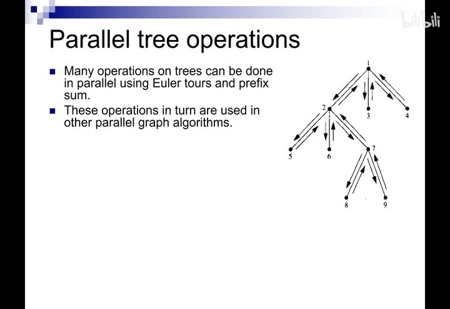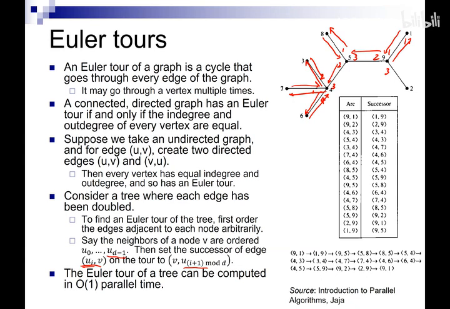We did this pointer jumping technique where, if you're simply given a linked list as input, we can compute the prefix sum on that linked list. And this Euler tour that we just generated implicitly gives us a linked list. So we can apply the PRAM prefix sum technique on this linked list.